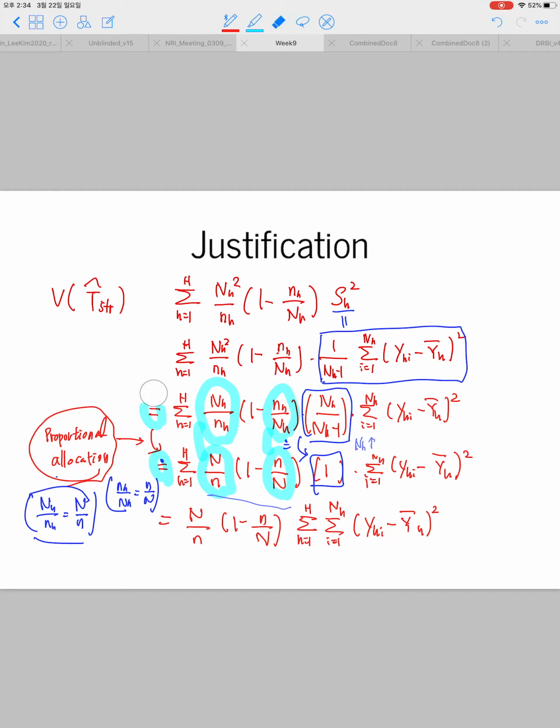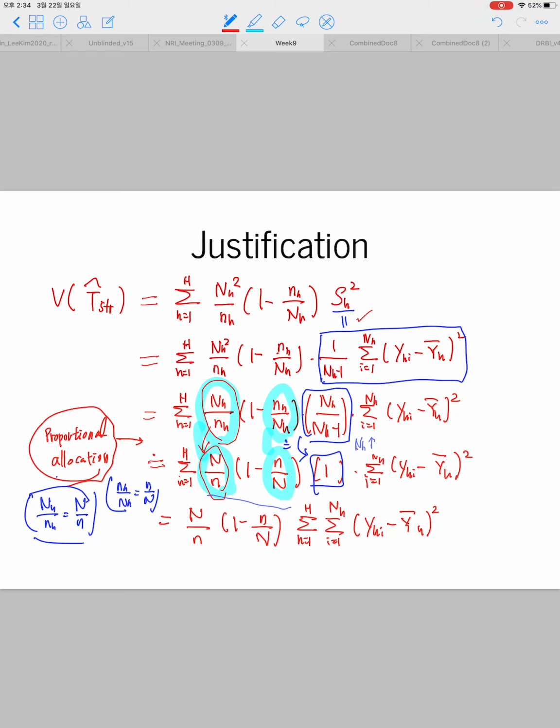Okay, let's do it. The first equality is the definition, the formula for stratified random sampling. The second equality holds because of the definition of Sh. The third equality holds because it's just algebra. The first one is an approximate equality, not an exact equality, where on the proportional allocation this is equal to this.